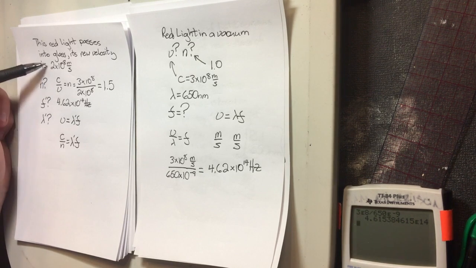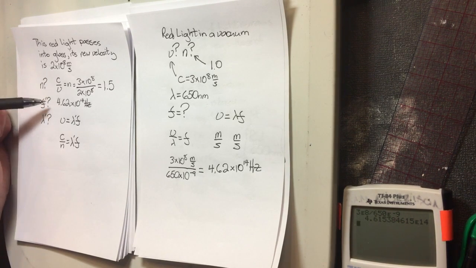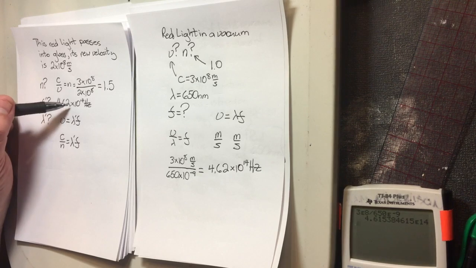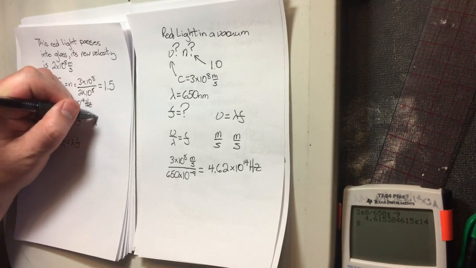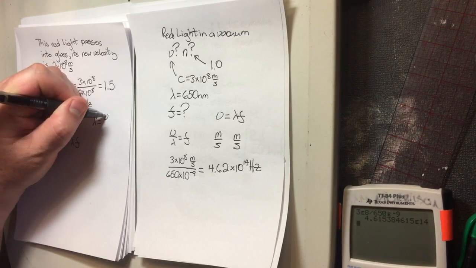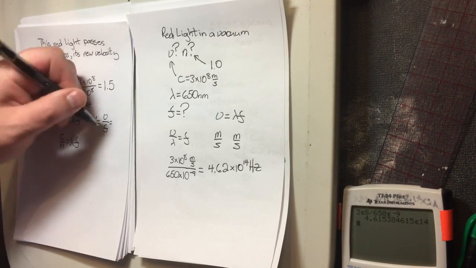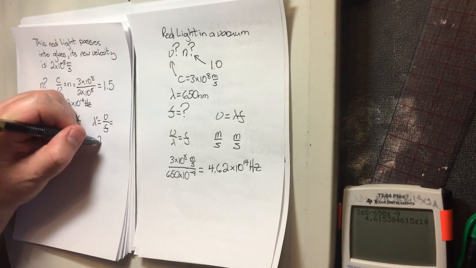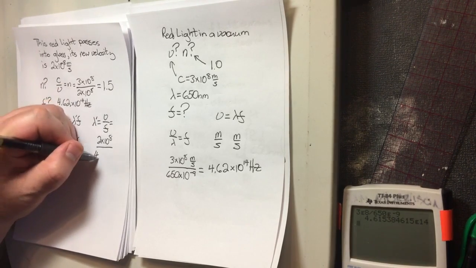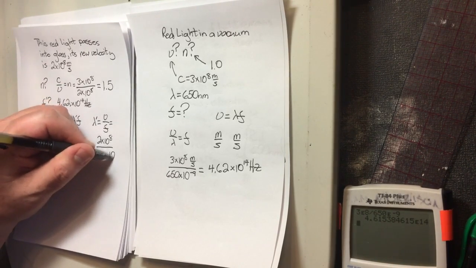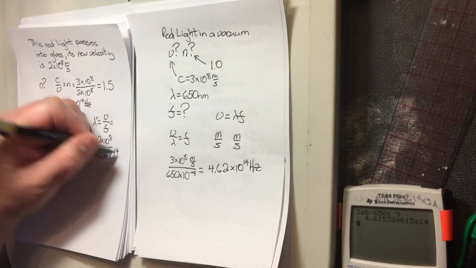But since I already have the velocity in this case and I have its frequency, I'm just going to use this one. Lambda prime is equal to v over f. The v is 2 times 10 to the 8th. The frequency is 4.62 times 10 to the 14th.